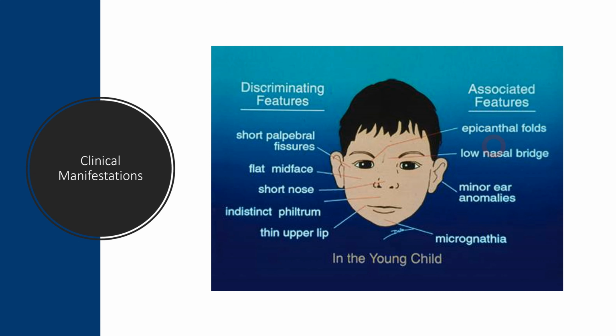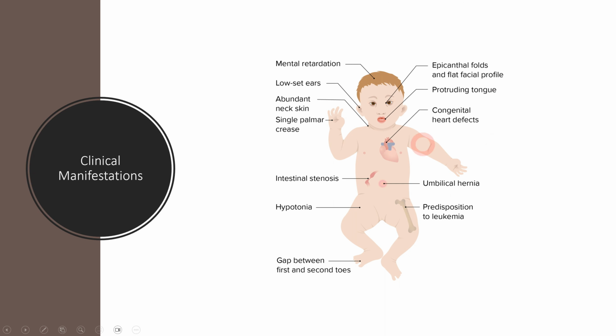Now, if you talk about the general features which we can appreciate in a patient who suffers from Down syndrome, they mainly suffer from mental retardation, low set ears, they have abundant neck skin, and they have a shorter neck as well. Other than that, sometimes they can experience intestinal stenosis as well. Their muscles are very weak, so therefore they suffer from hypotonia.